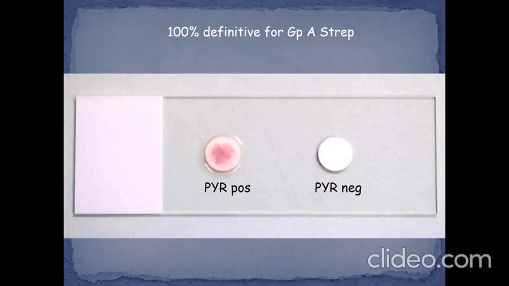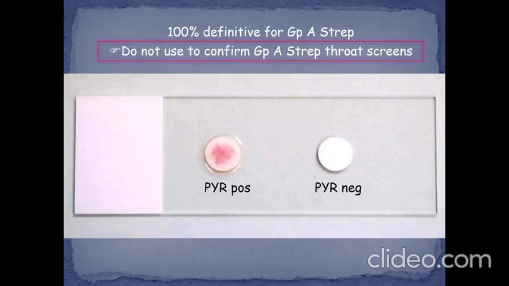So if all of those other things are there that have made us move towards this with the flow chart, a positive PYR result would positively identify group A strep, 100%. So again, do not use this to confirm group A strep throat screens. It's not necessary. It's a waste of time, waste of money. These are kind of expensive tests to actually run, these spot PYR.